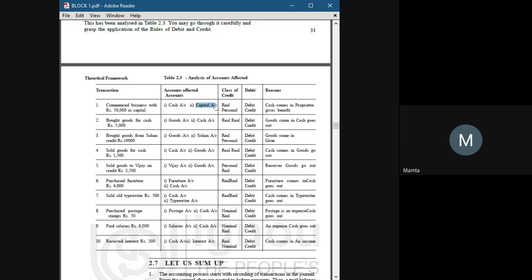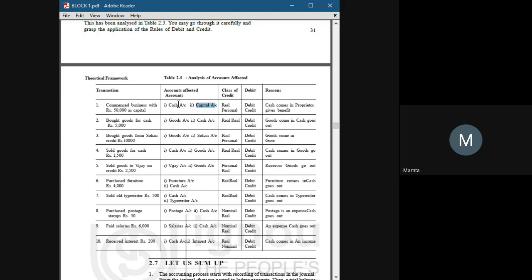The owner doesn't have a separate account. Owner always has a capital account. Capital account is directly related to the owner. Whatever investment he makes goes straight to the capital account, and whatever drawings or withdrawals he makes come straight out of the capital account.